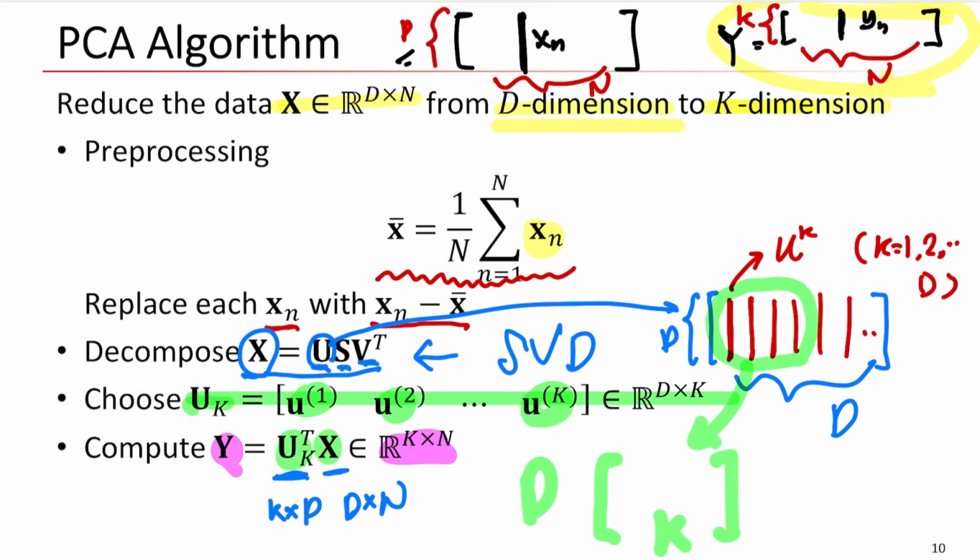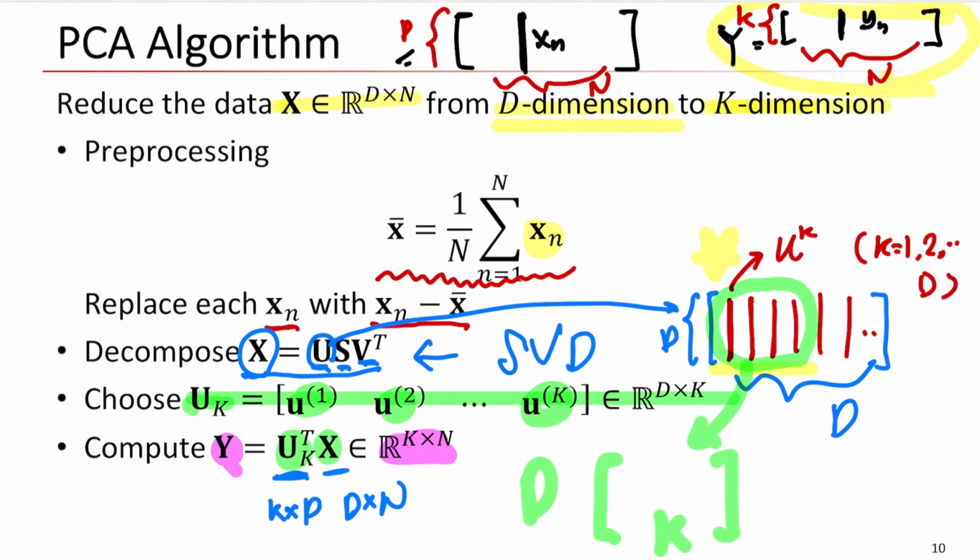The key ingredient is here. Why do we need UK? Why do we just use these first few, from U1 through large UK?